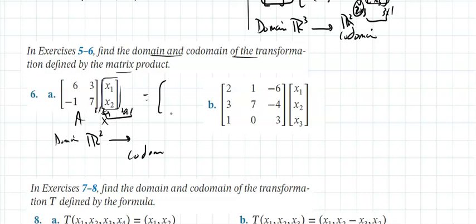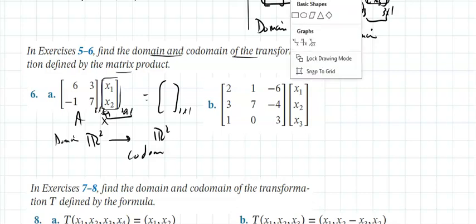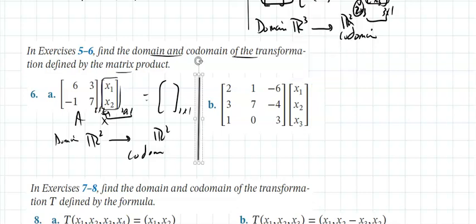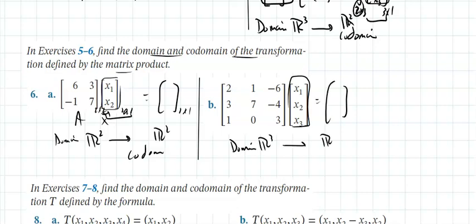Isn't the output going to be 2 by 1? That's the range. So here you map R2 into R2. And how about here? Well, here the same deal. The domain is 3 dimensions. And in this case, the outcome is going to be also R3.